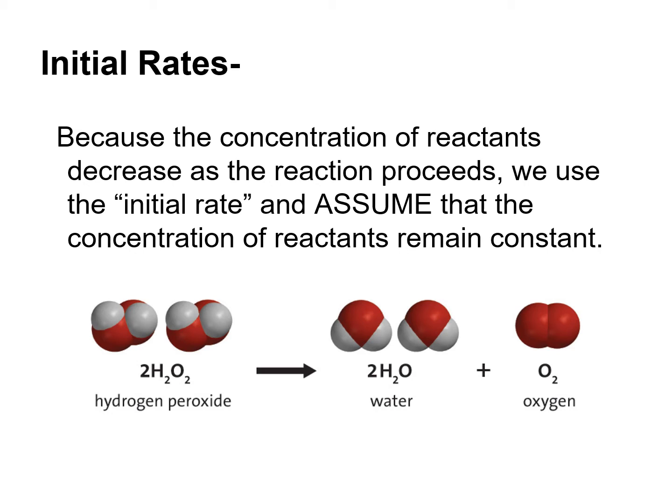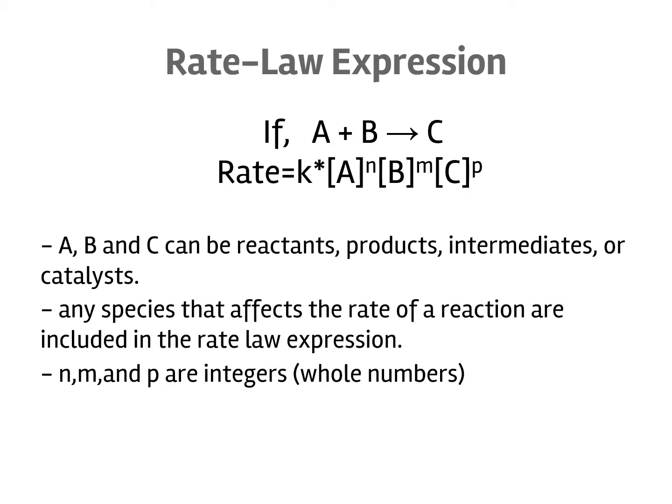And because we only want to capture the initial rate of that reaction, we are going to conduct the experiment and observe the rate of reaction during the first few minutes of the reaction, where we assume that the concentration of reactants do not decrease significantly. So that's why you hear the term the initial rate of a reaction.